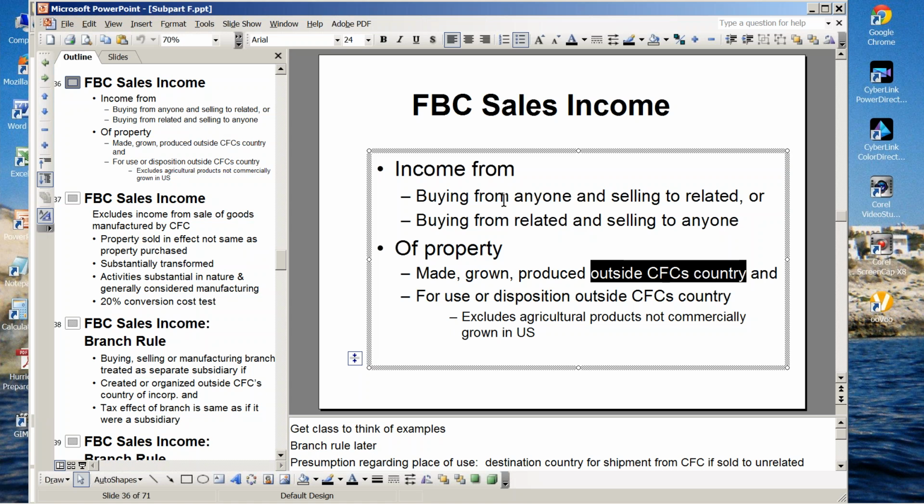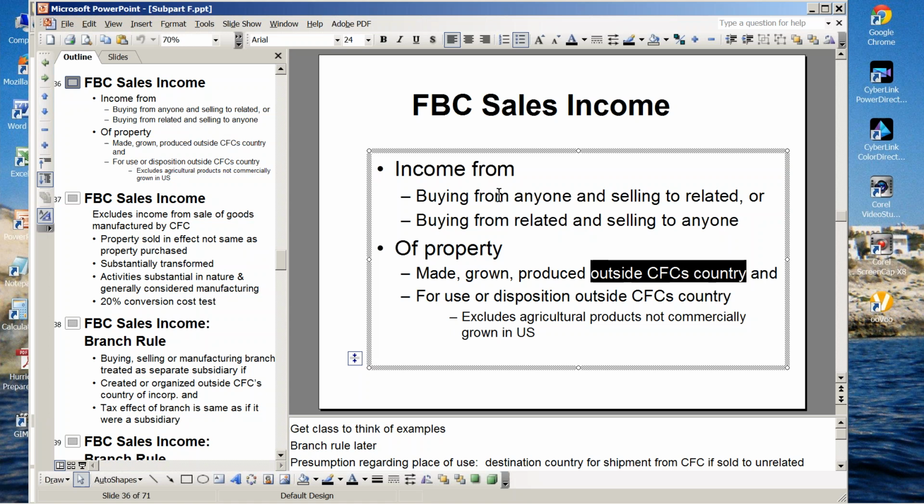Foreign-based company sales income includes buying goods from anyone and selling to a related party. So we can be buying goods from a third party, say made in China, using our Hong Kong subsidiary. And China and Hong Kong are different countries, by the way.